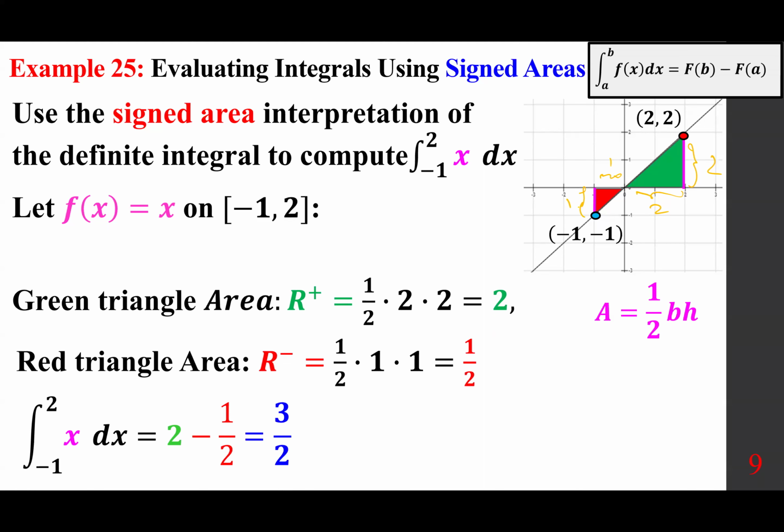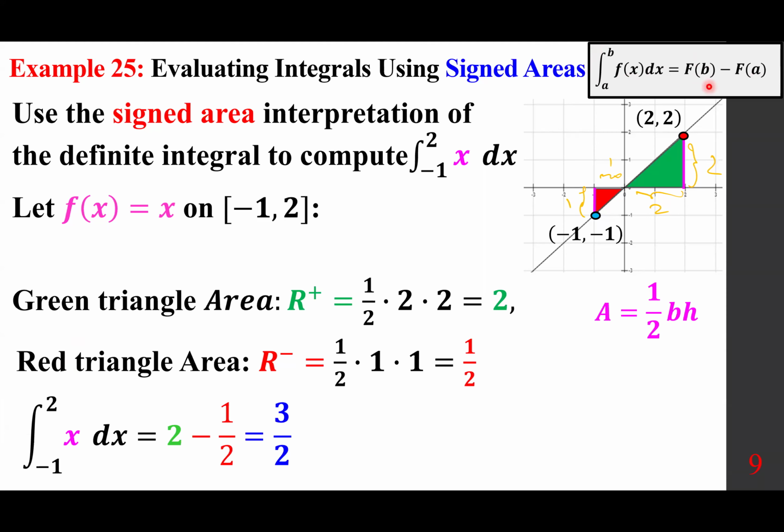What about the fundamental theorem of calculus? Well, according to FTC, one of them is that the integral from a to b of f of x dx is capital F of b minus capital F of a. Find any antiderivative, and you don't need a constant, evaluate it from top to bottom.